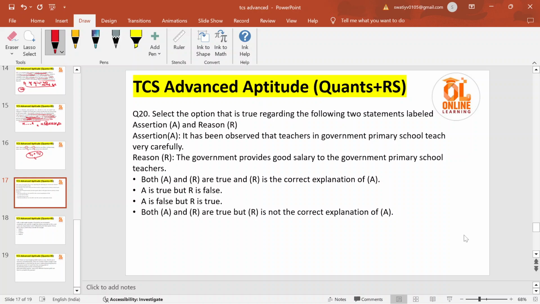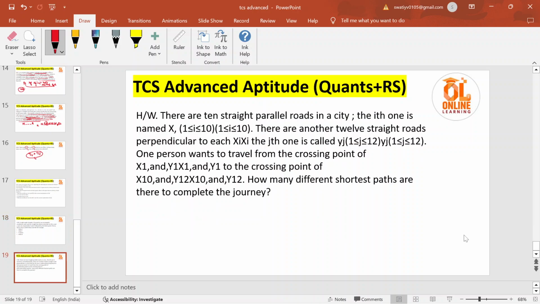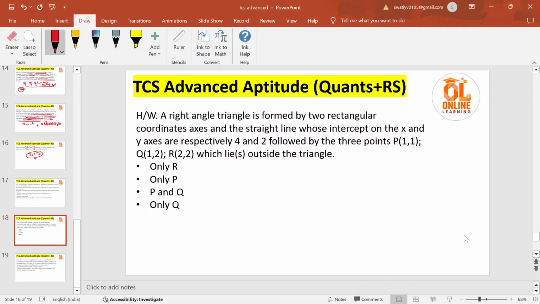Till then, take a screenshot of these three questions and solve them. If you solve these questions, let me know your answers in the comment section. Whosoever's answer I find correct, I will reply to their answers, and also you can please take the screenshot of these questions. We will discuss these questions in our mock test live sessions.